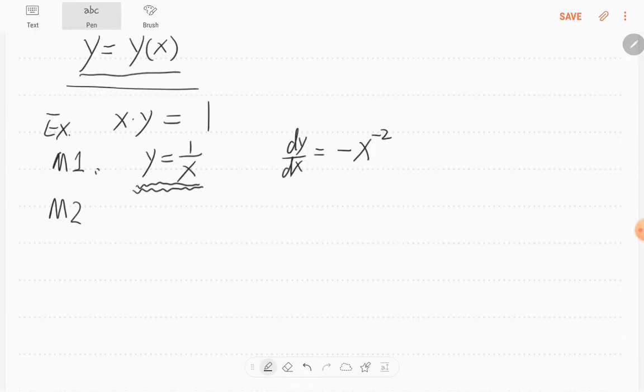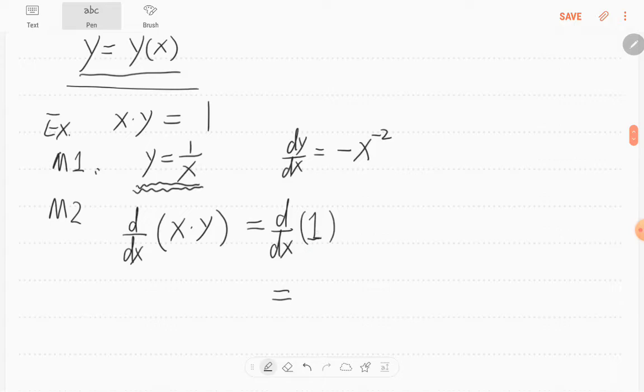So let's take the derivative about x on both sides of this equation. On the right side, the derivative of the constant function 1 is 0.